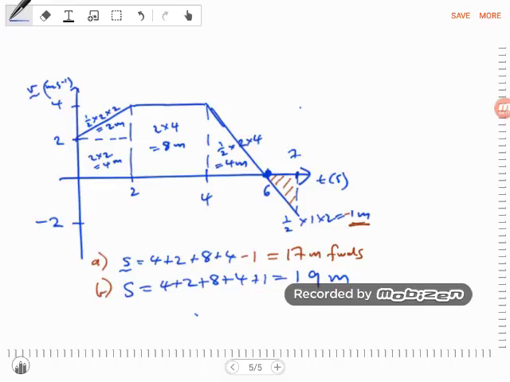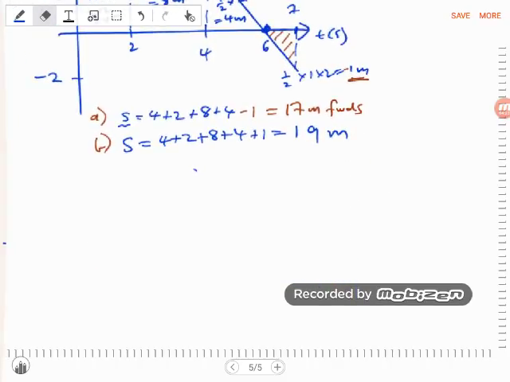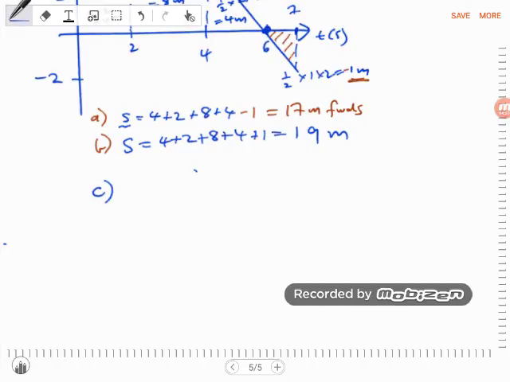Okay, so average velocity and average speed over this time. Average velocity is displacement over time, and speed is distance over time. So for the velocity it's 17 over the 7 seconds, and for speed 19 over the 7 seconds.